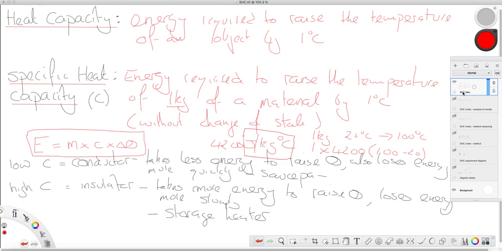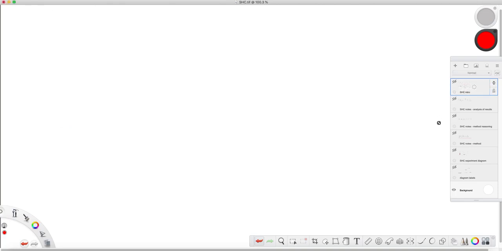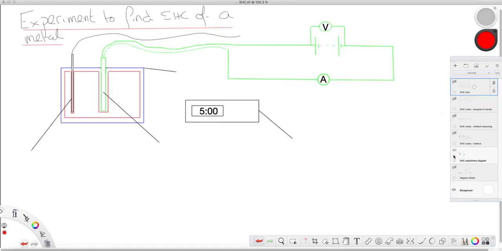So that's my introduction. Now, in terms of the experiment, you need to know you took a block of material, and I haven't labelled that, my apologies, 1 kilogram of aluminium or iron or steel.